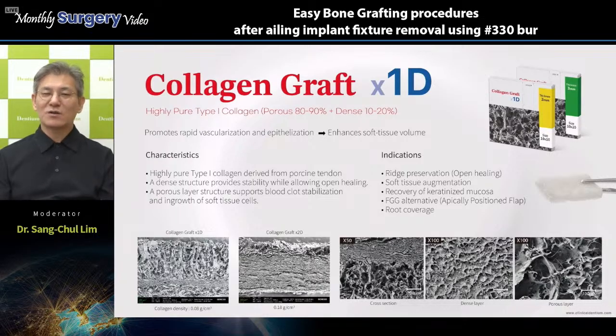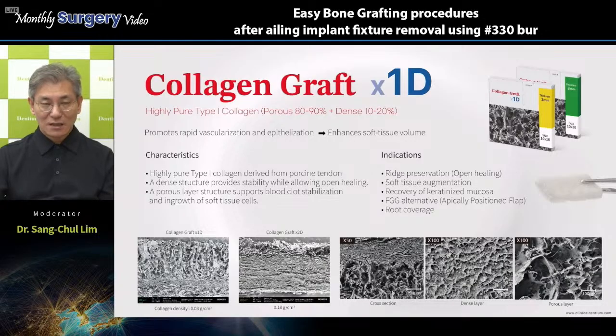This collagen graft compensates for this open wound situation. Compared to the barrier membrane, this collagen graft is better for faster epithelialization and faster soft tissue healing. Today, Dr. Zhang may use this collagen graft combined with the hard collagen membrane.